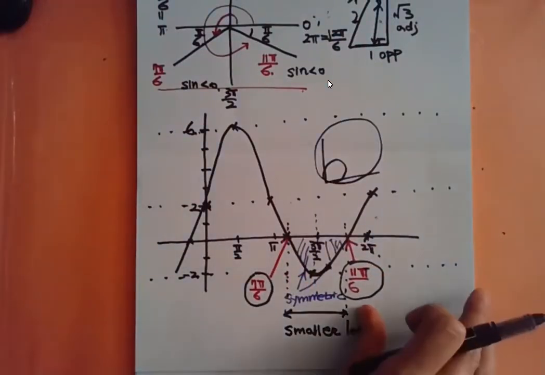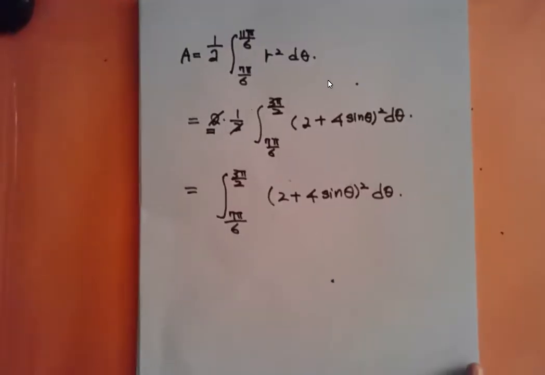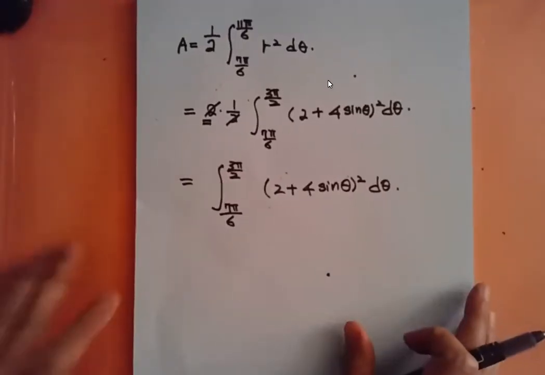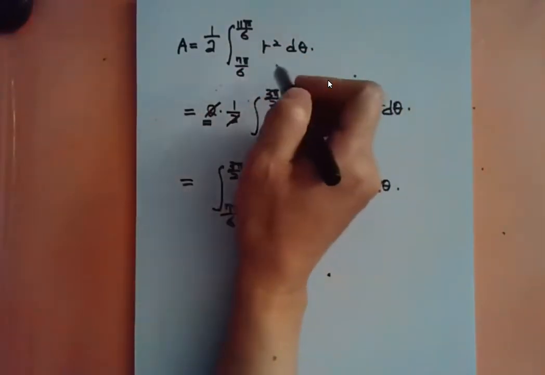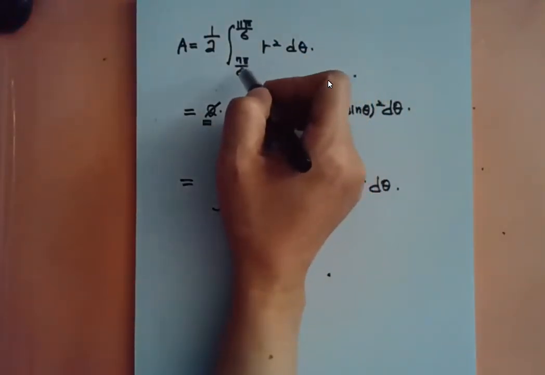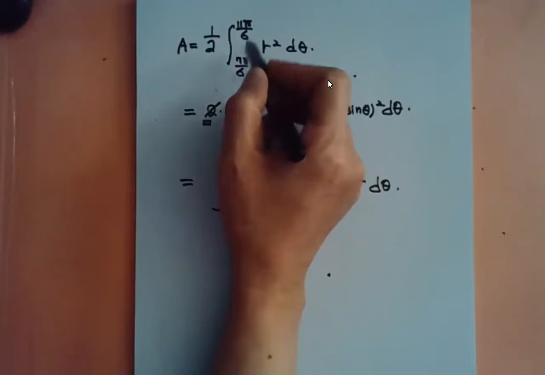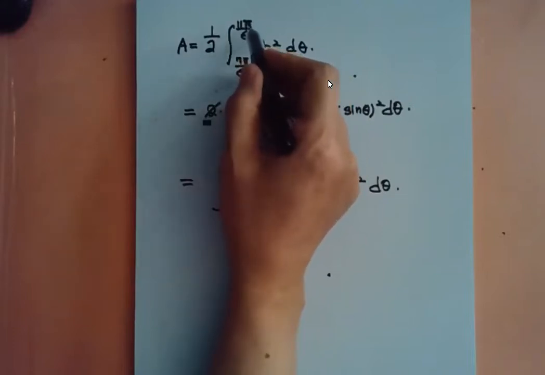So what we did was we set up the equation, and this is the starting point equation. The inner loop angle starts from 7 pi over 6 and ends at 11 pi over 6.